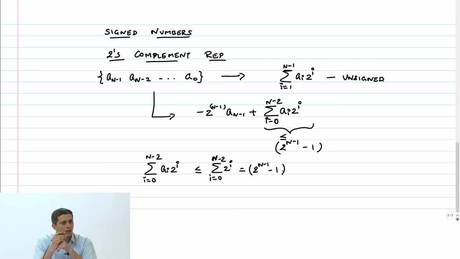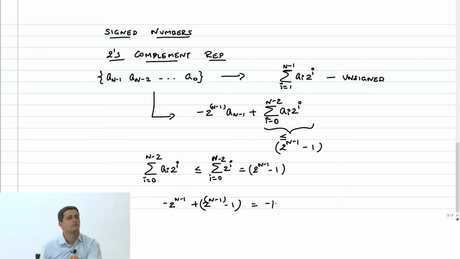Now, if the MSB, a_{n-1}, is 1, then the number is going to be at most minus 2 power n minus 1 plus 2 power n minus 1 minus 1. Therefore, if the MSB happens to be 1, the number has to be negative. It cannot be a positive number.